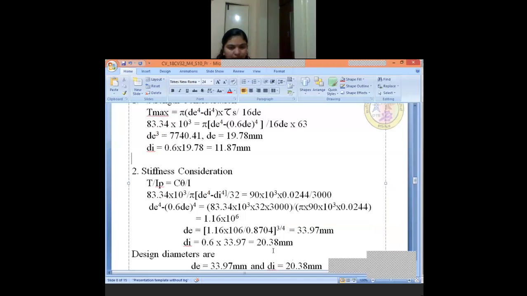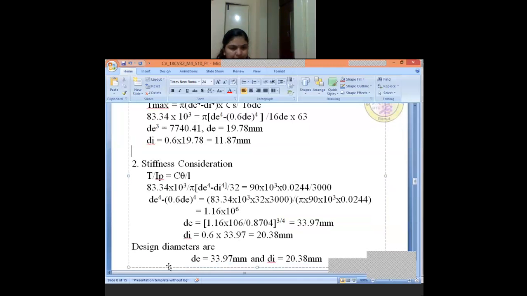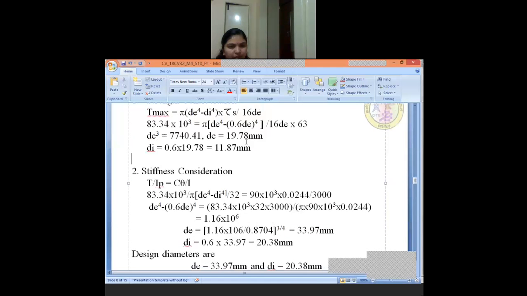Once I simplify this, I get de as 33.97 and di, internal, as 20.389. Whichever diameters are maximum, I have to consider those.